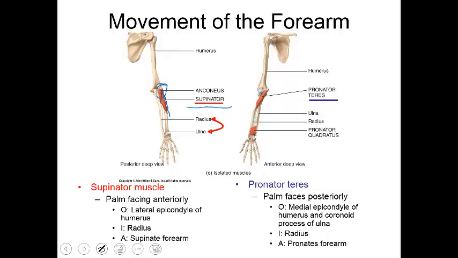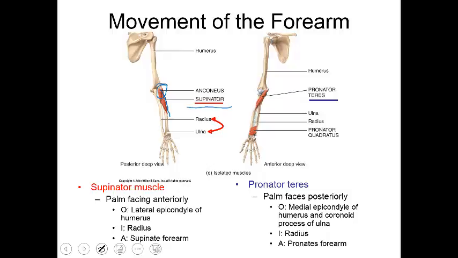The supinator muscle is present on the posterior side. So think of the olecranon region of the cubital area. It starts on the lateral epicondyle of the humerus and inserts itself into the lateral surface of the radius.